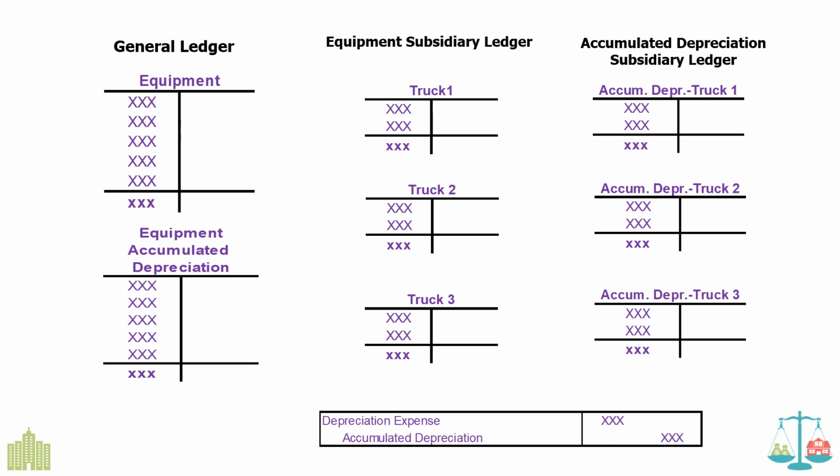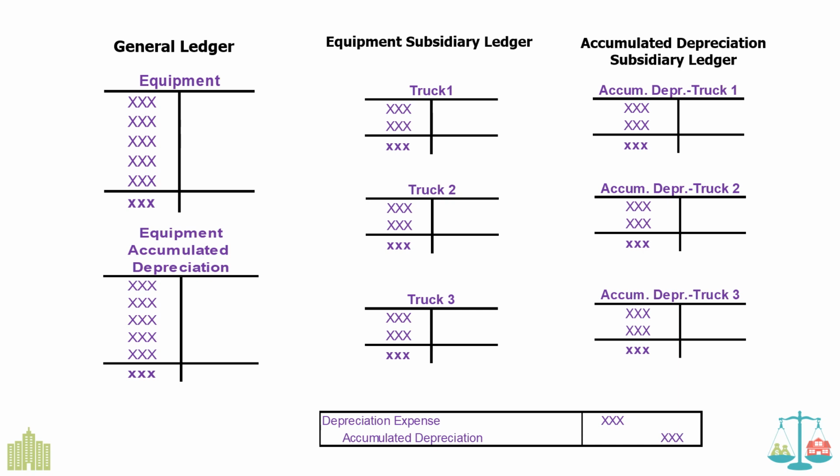In this particular case, what we're going to need to do is set up a subsidiary ledger that identifies a separate account for every single different kind of truck and every single different kind of equipment, and keep track individually not only of what its original cost was, but also maintain a subsidiary ledger of accumulated depreciation that would equal total accumulated depreciation in the general ledger.